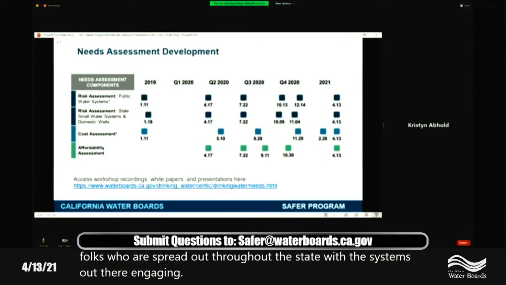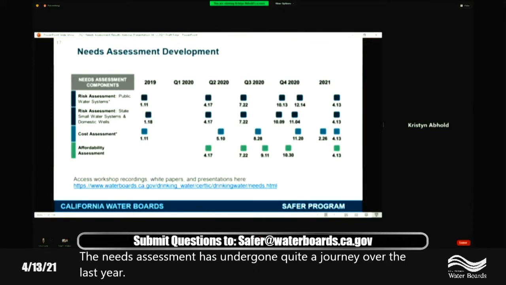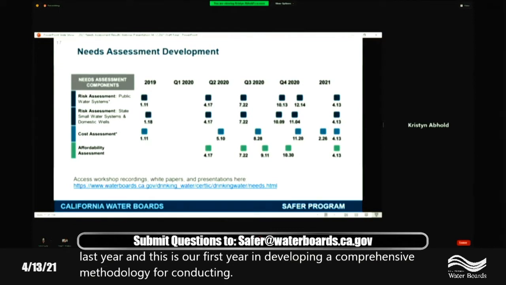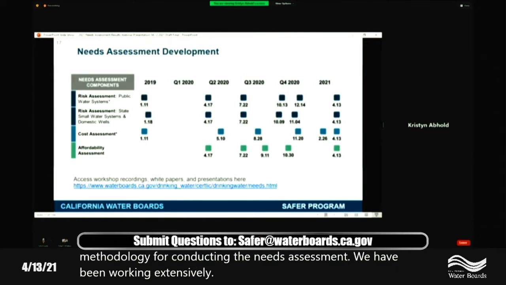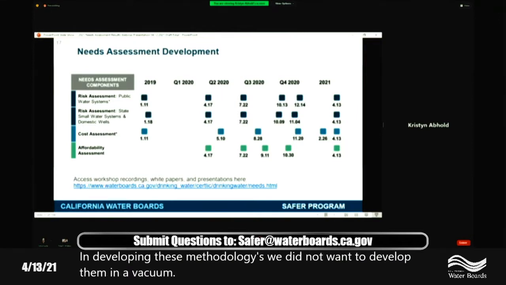The needs assessment has undergone quite a journey over the last year. This is our first year in developing a comprehensive methodology for conducting the needs assessment. We have been working extensively with our stakeholders, with the public in developing these methodologies. We did not want to develop them in a vacuum. We wanted to be very transparent about our approach.